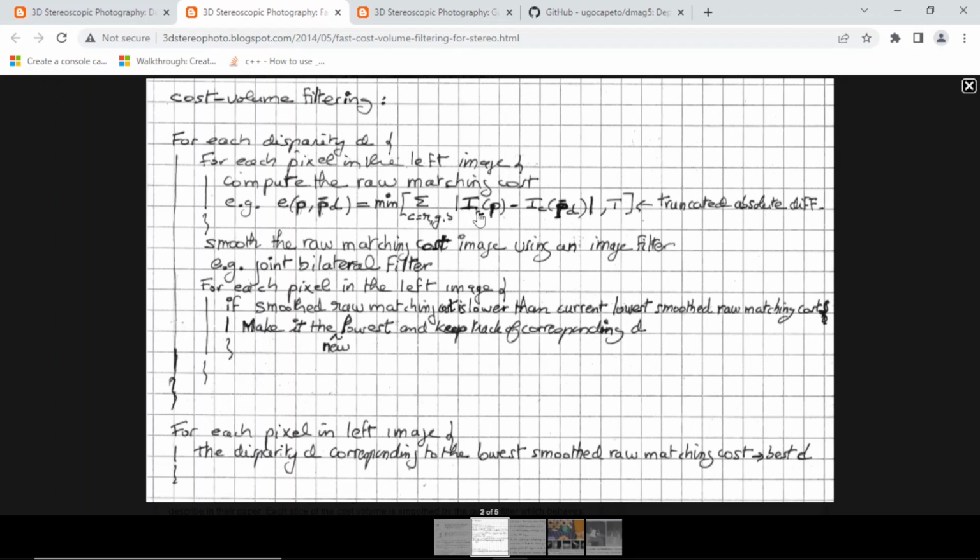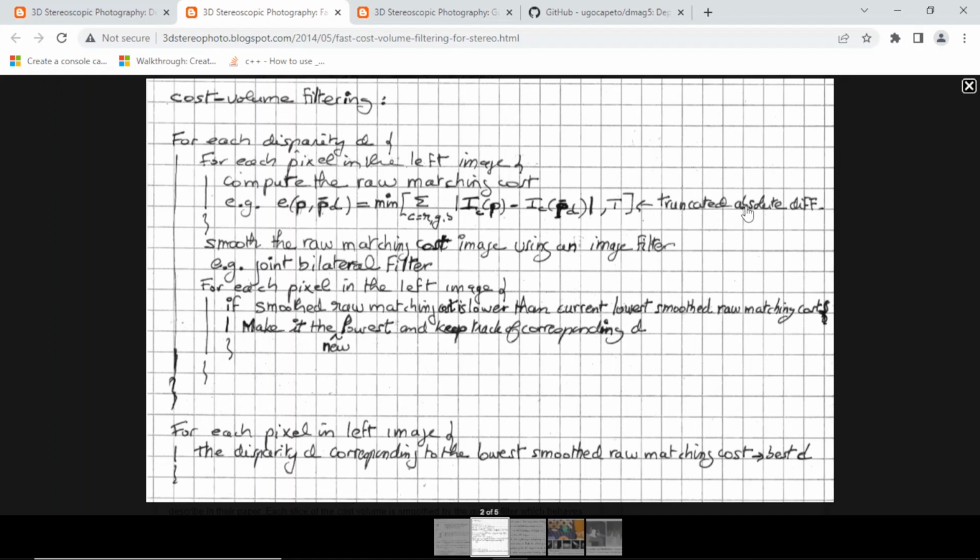I_c of P is the intensity of the channel at pixel P, minus the intensity on the right. So this is the left and this is the right. You're just looking at the intensity of the pixel. That's why it's called raw. There's no averaging, nothing. And the truncation shows up here, so you take the minimum of the two.